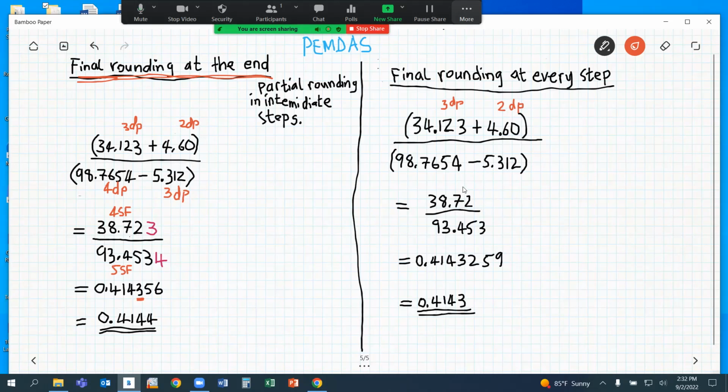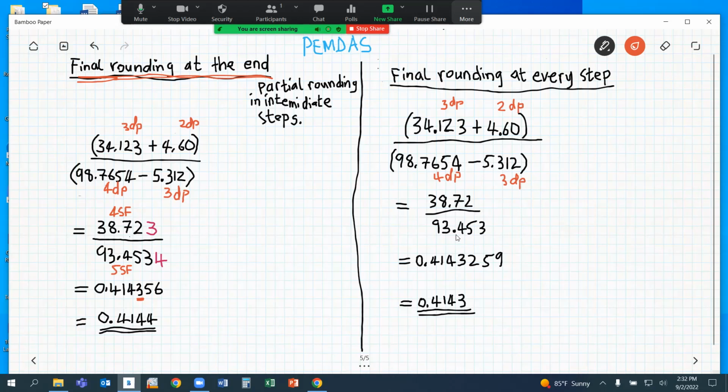Then we go to the denominator. We have 4 decimal places here, and 5.312, we have 3 decimal places. So the minimum is 3 decimal places. Then we enter that subtraction in our calculator, and we write our answer to just 3 decimal places, 93.453. So we round finally at every step.